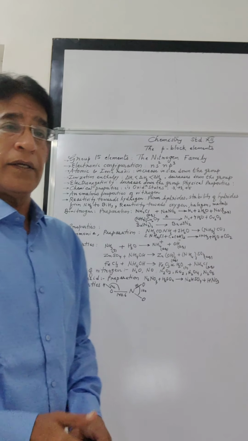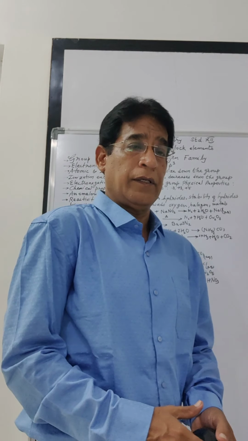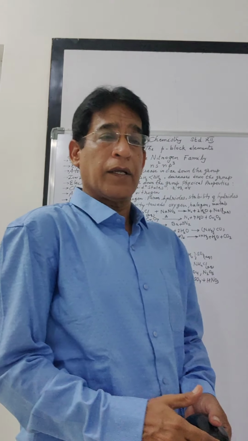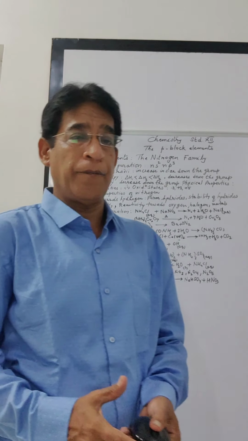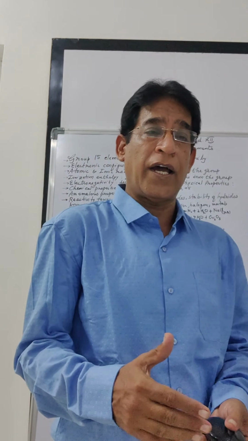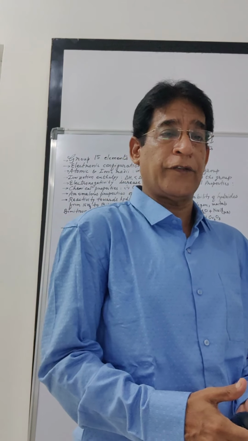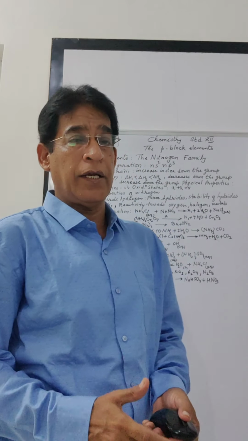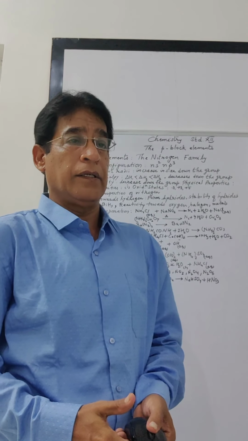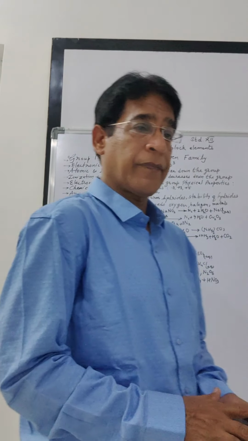Now, industrial method of preparation: Haber's process. N2 + 3H2, with reaction at 500 degrees Celsius and 200 atmosphere, ammonia NH3 is obtained. Now, properties of ammonia.